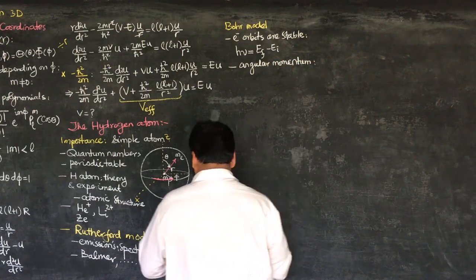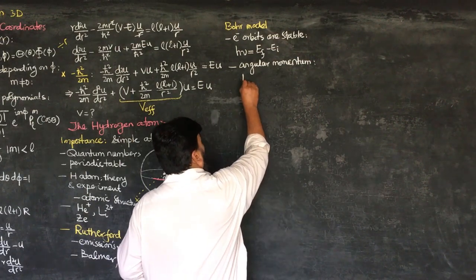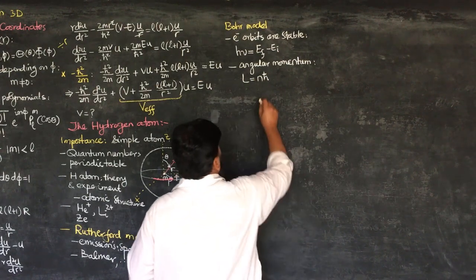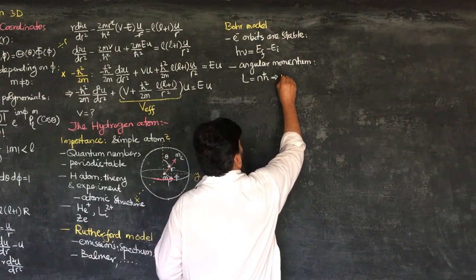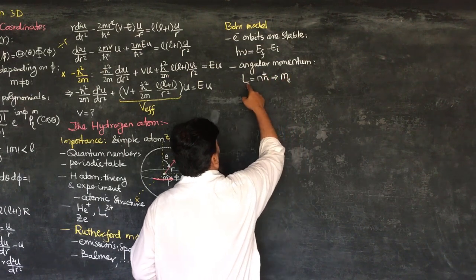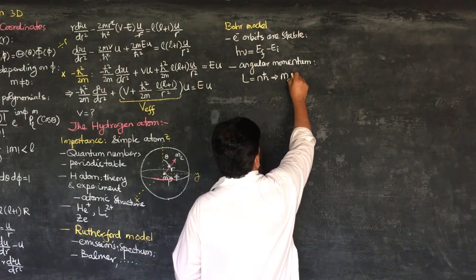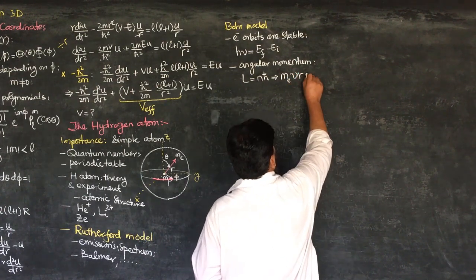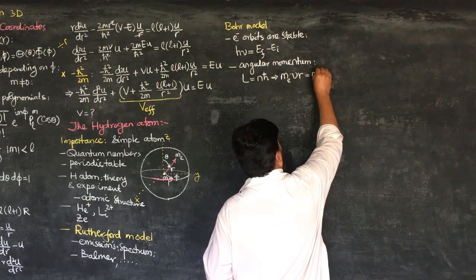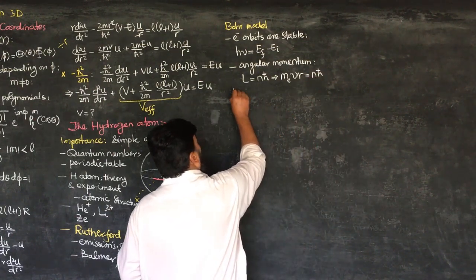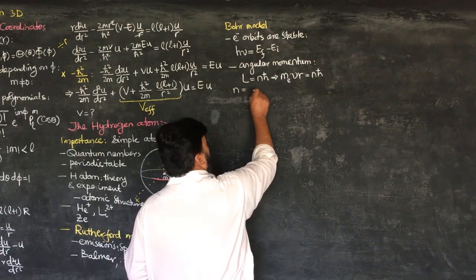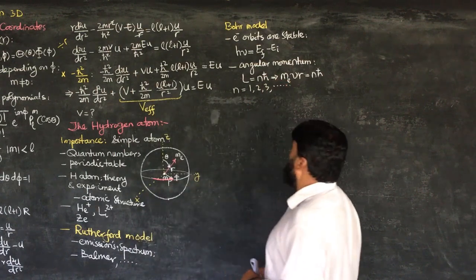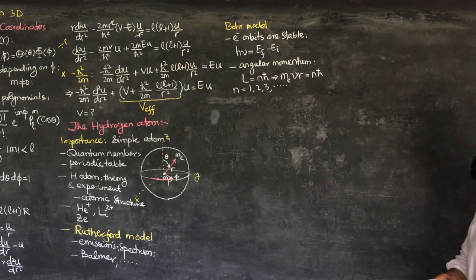When the angular momentum is an integral multiple of h bar, for example, mass of the electron, like m r cross p, so m, v and r, this will be equal to n h bar, where n, which he called the principal quantum number, will be positive integers only and not fractions of them.